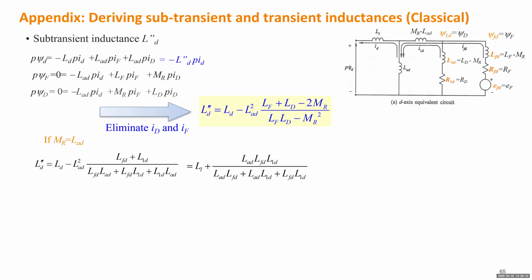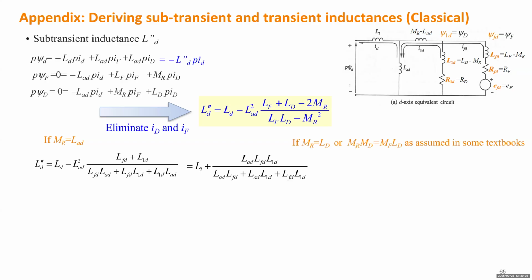Now, if we do some simplification, this one will give you exactly that parallel. This expression really means those three inductances connected in parallel, and then those in parallel are connected with this leakage inductance in series.